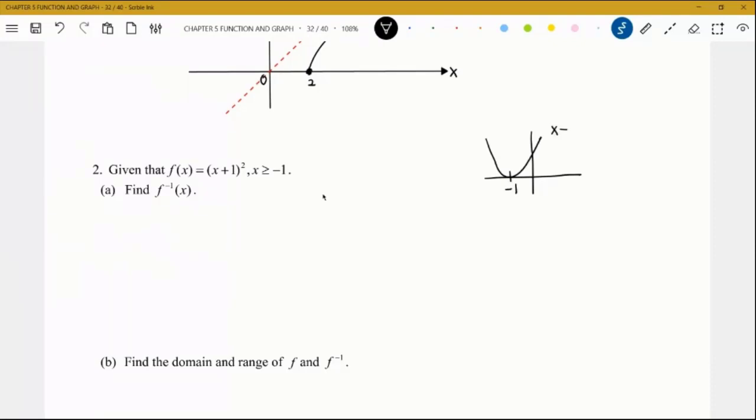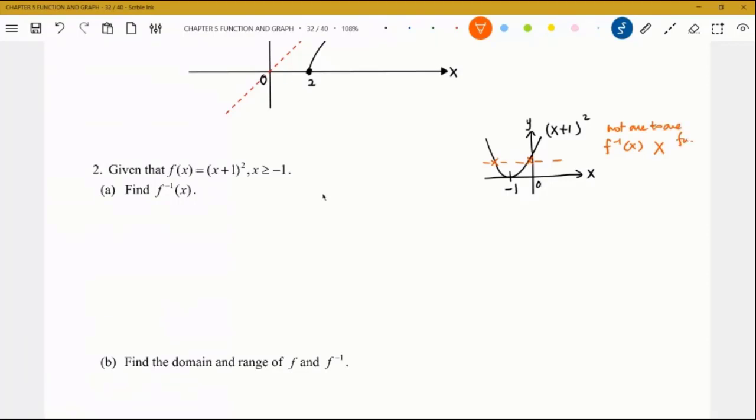Ini adalah graf untuk x plus 1 square. Okay, tapi sebabkan dia adalah two-sided, kiri dan kanan ada, by dotted line kita tahu dia cuts 2 points. So F inverse tak wujud. Sebab dia bukan one-to-one function.